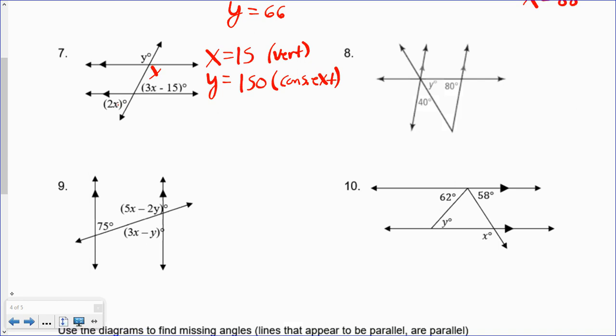How would you solve for y? Can you just use the y and the 80? You can do the whole thing. Consecutive interior or consecutive exterior angles. Move the y here.